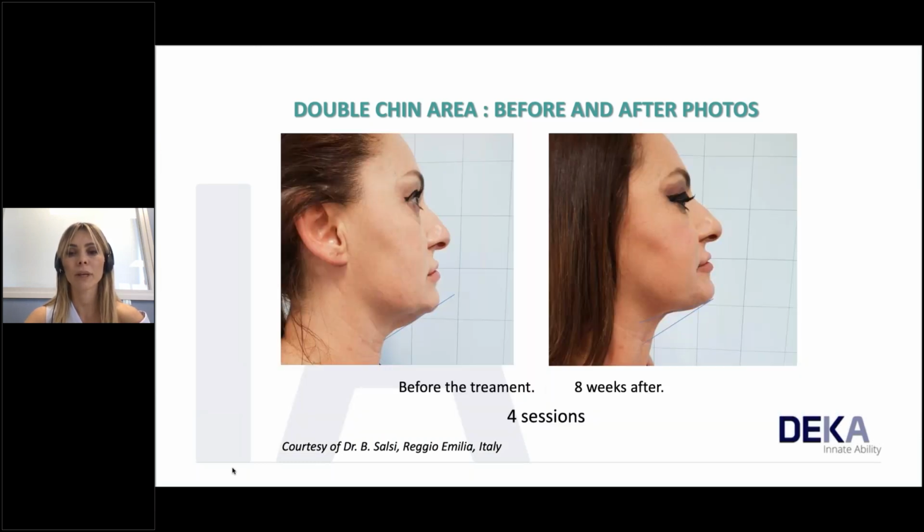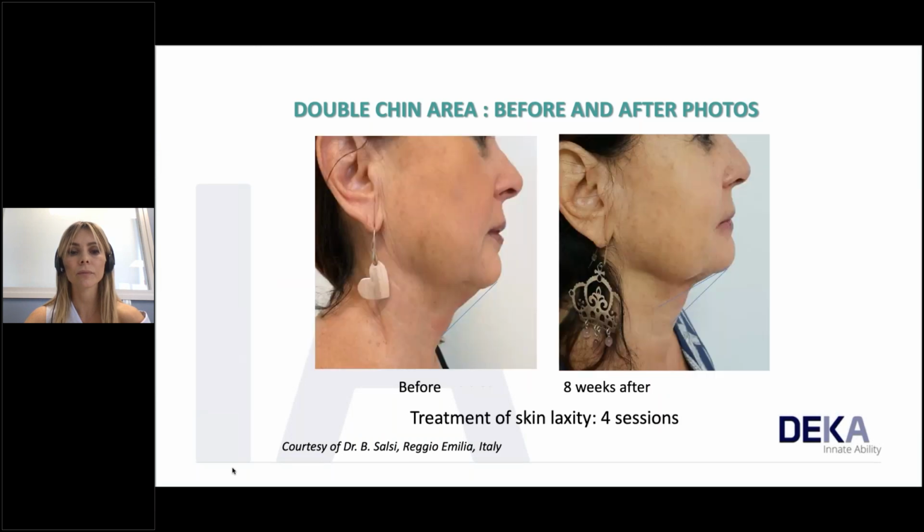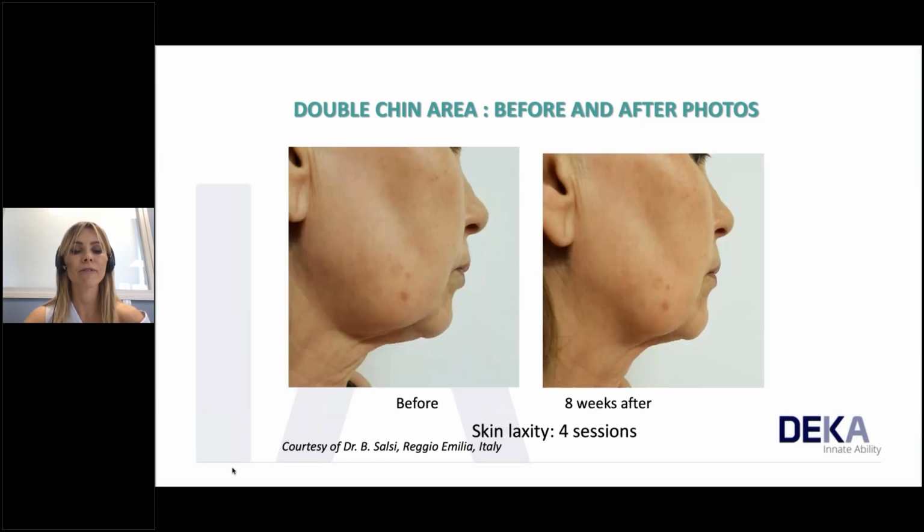You see better from this image. Again, you can see the improvement after 4 treatment sessions. And this is a 65 years old patient with this skin laxity and the improvement she had in the second picture.